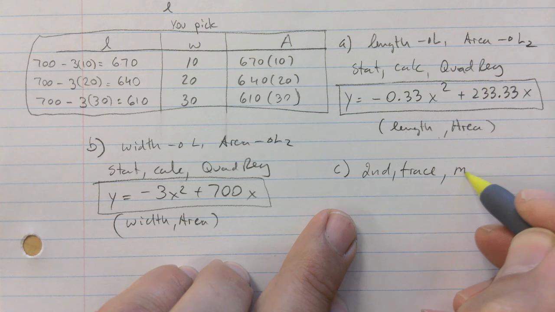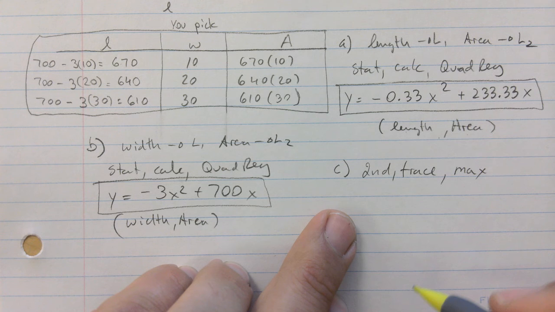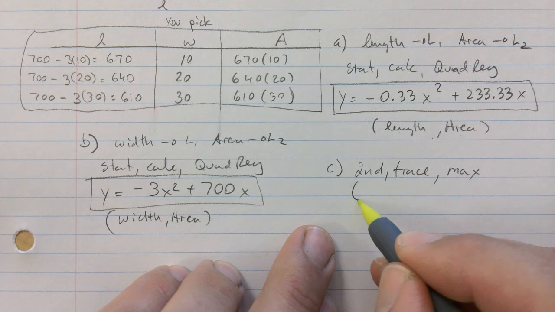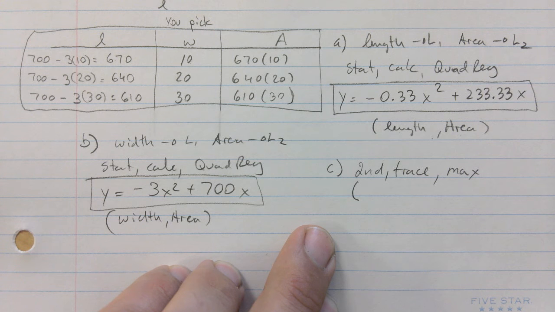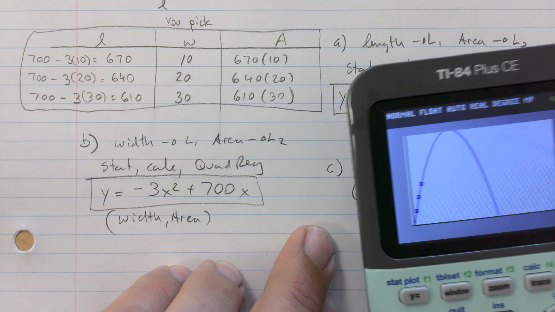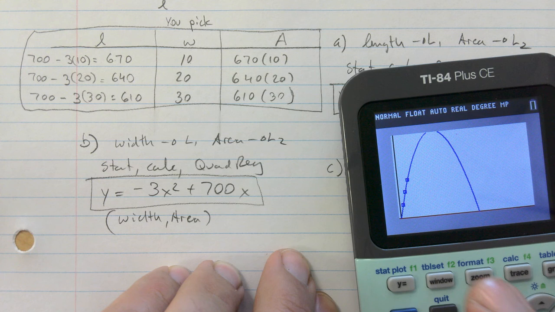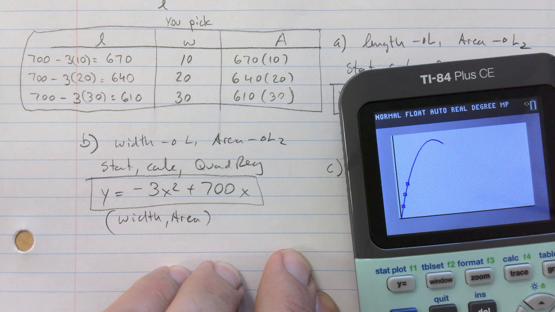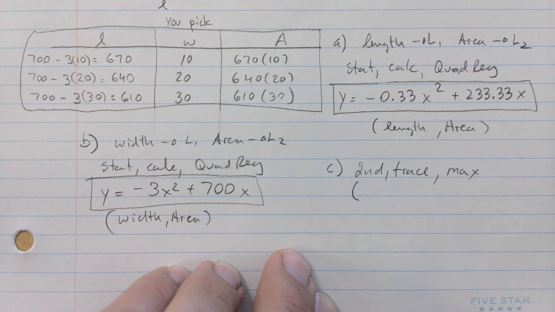You want to find the vertex, so we're going to go ahead and find it. My graph actually just happens to almost work out based on the last window. I'm going to move my calculator soon, okay? I just increased my Y max a little bit. And let's go ahead and find the vertex.